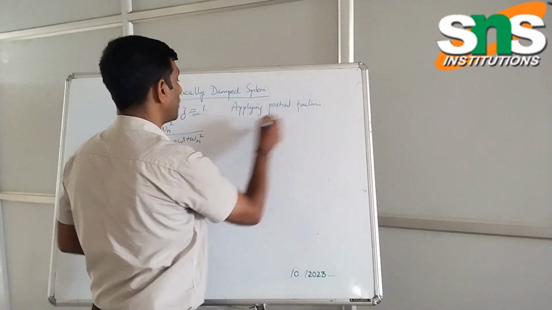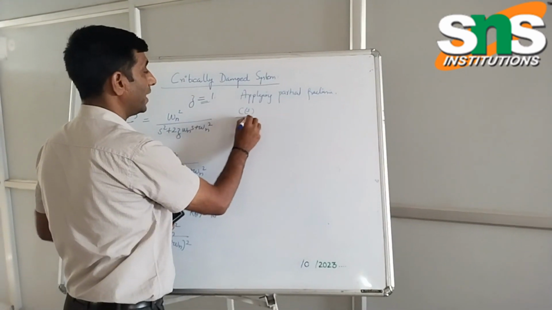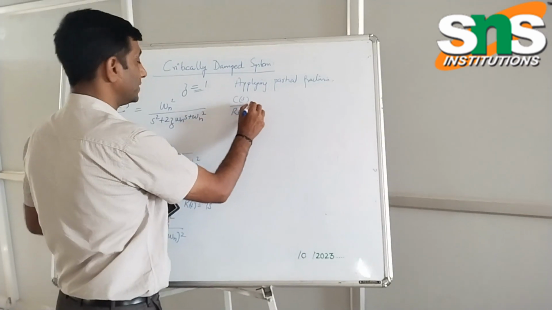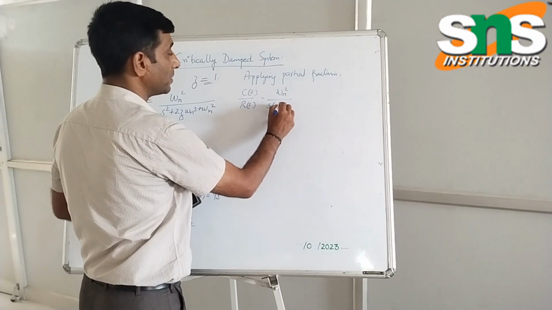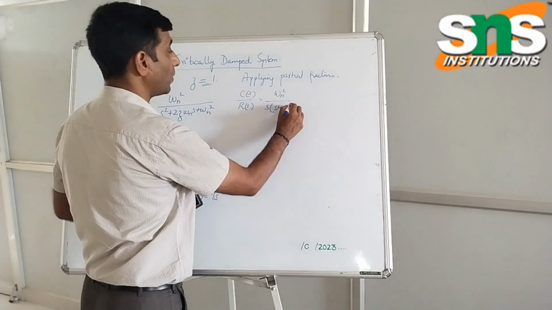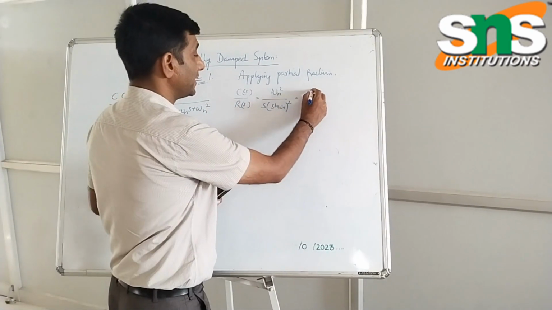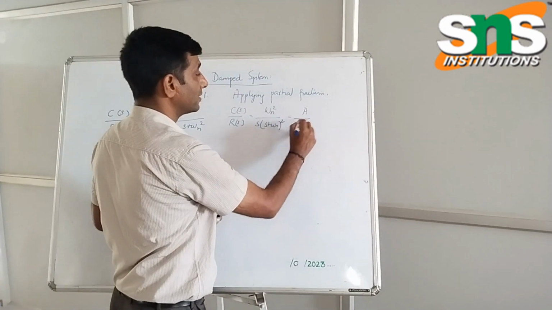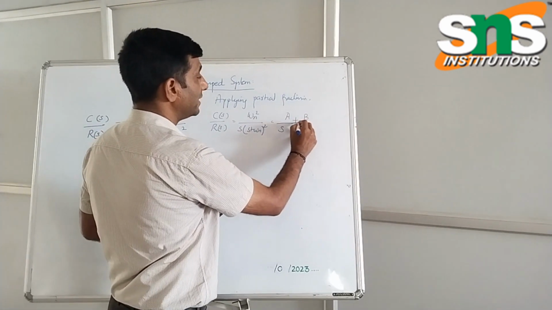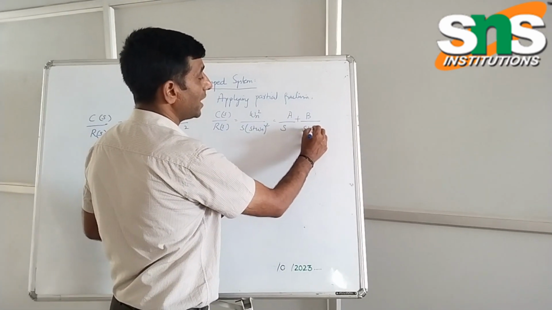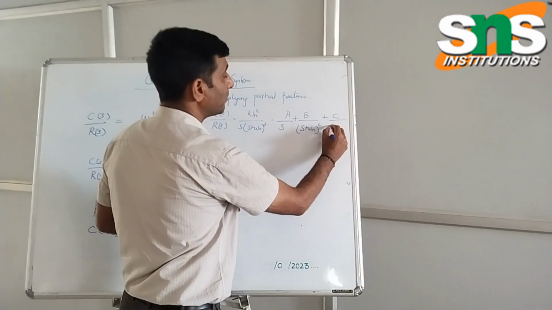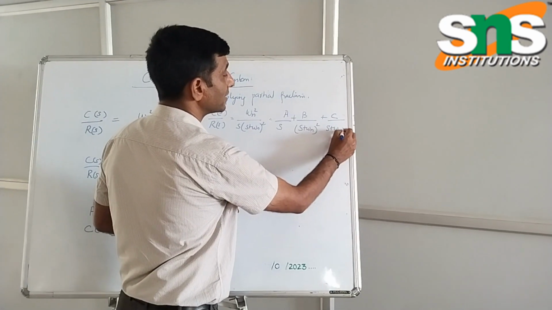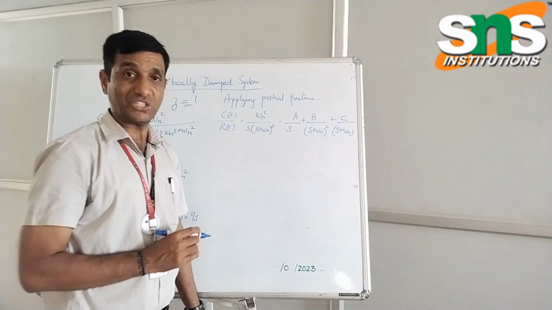So we split C of s, which is omega n squared divided by s into s plus omega n the whole squared, equal to a divided by s plus b divided by s plus omega n the whole square plus c divided by s plus omega n. This is by applying partial fractions.